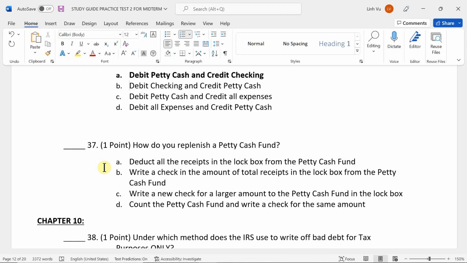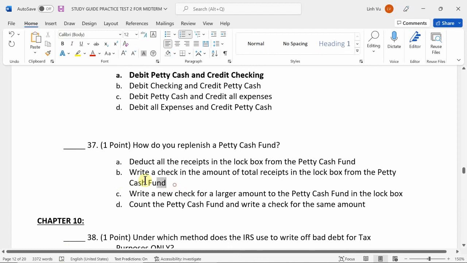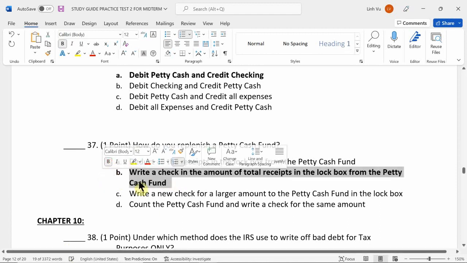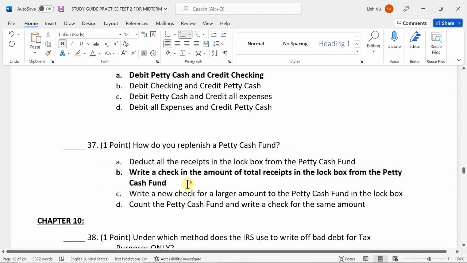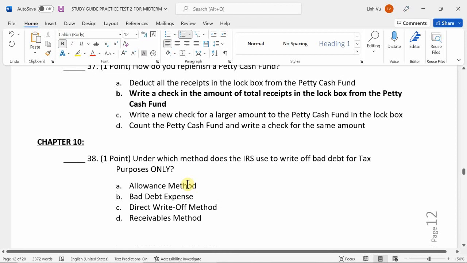C, you're going to write a new check for a larger amount to the petty cash fund. Not a larger amount. And then D says you're going to count the petty cash fund and write a check for the same amount. So in this case, this one is going to be letter B. You're going to write a check for the total amount of receipts that are in the lockbox.